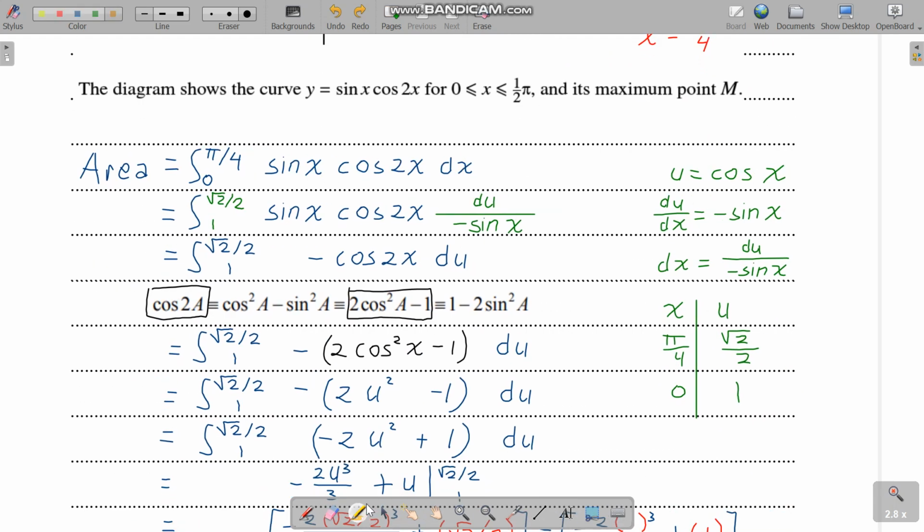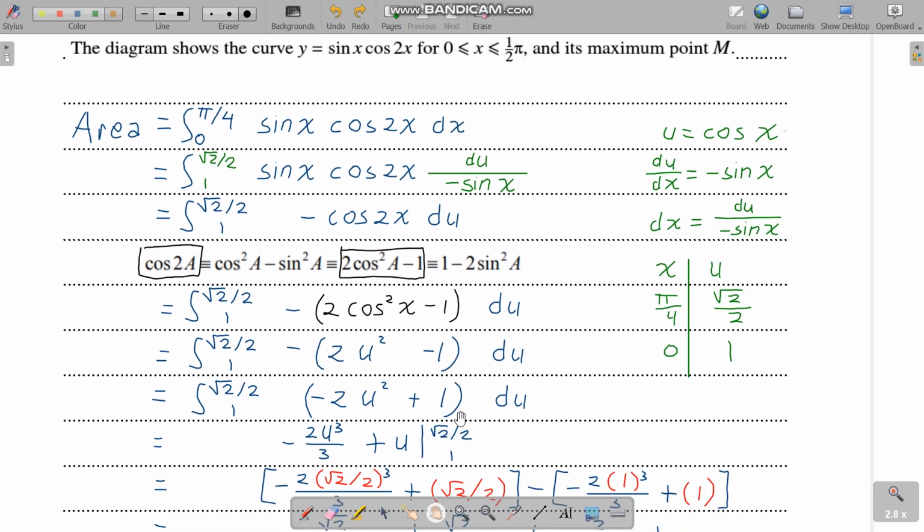So if the u is cos x, the du dx, the derivative, cos becomes minus sine in the MF19, so we have the du dx, and if you multiply both sides by dx, we get du equals minus sine x dx, so you get dx equals du over minus sine x.